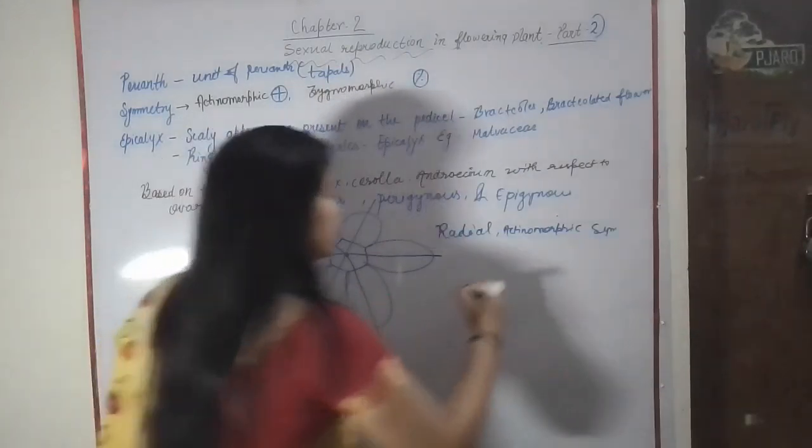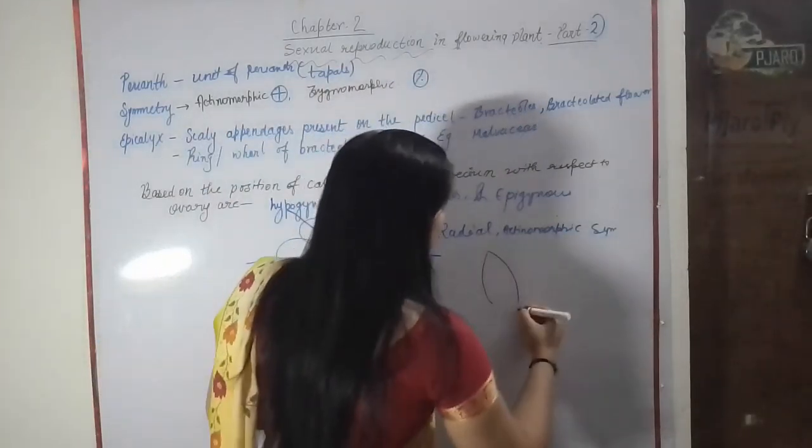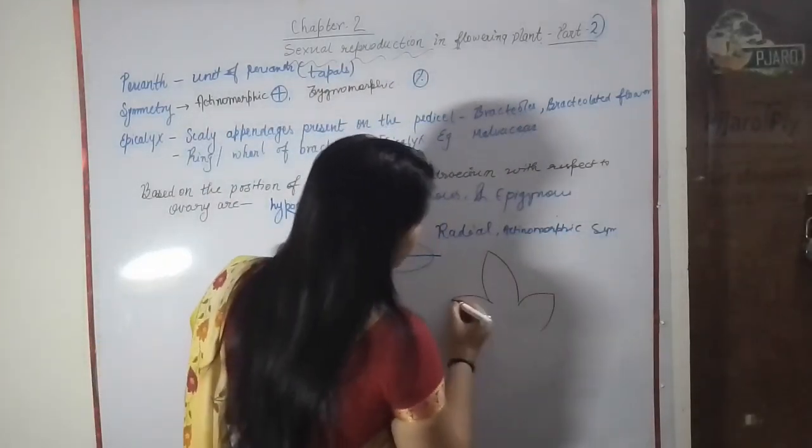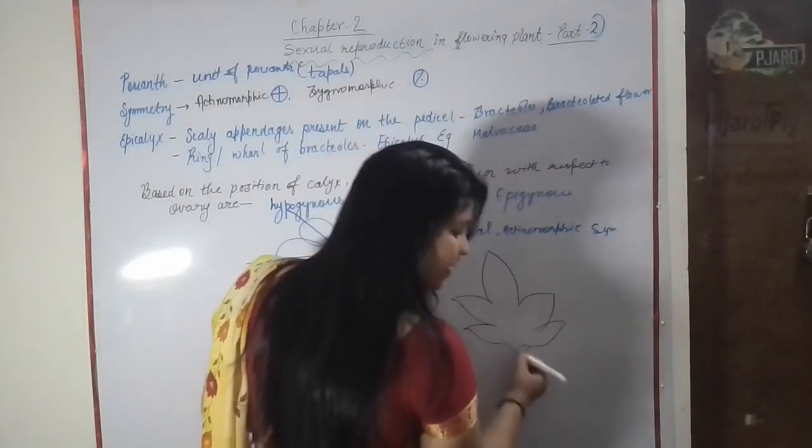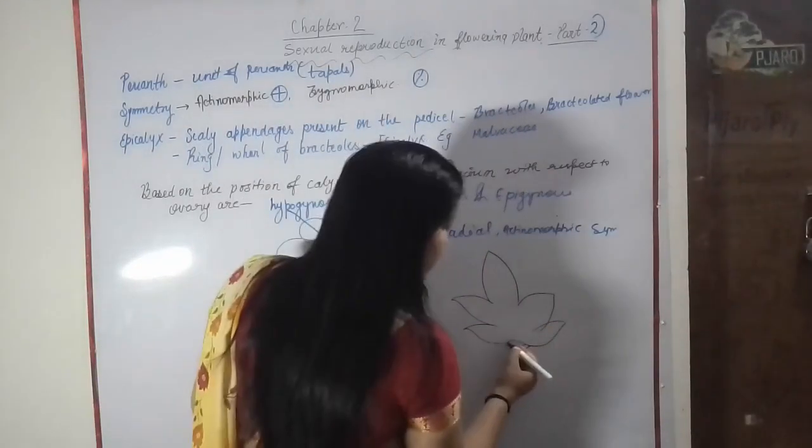In case of the pea flower, it is slightly impossible to cut it from the center in every direction.